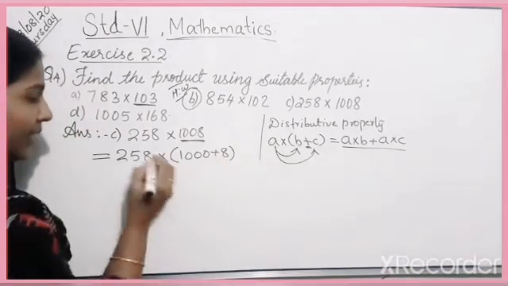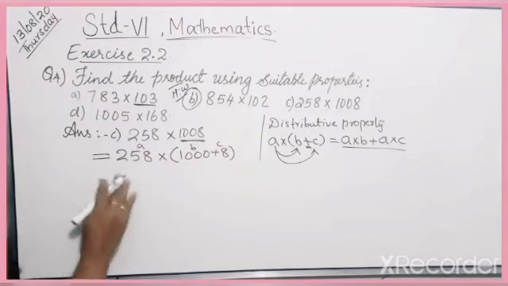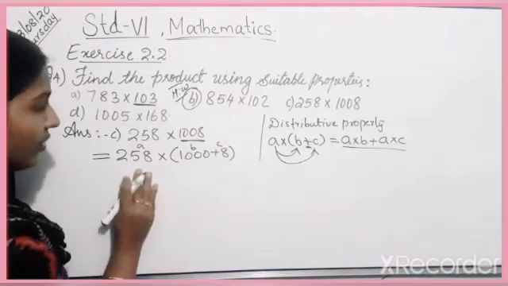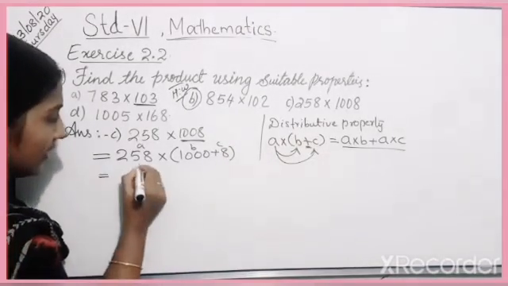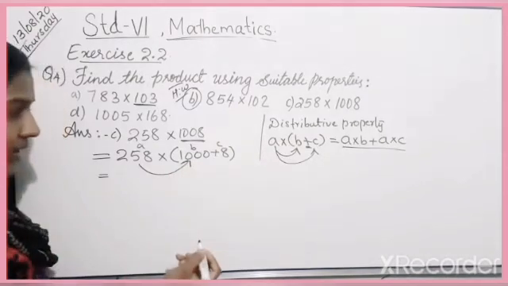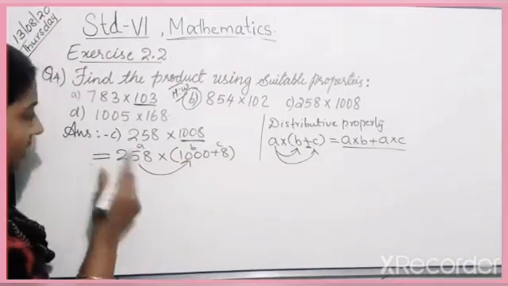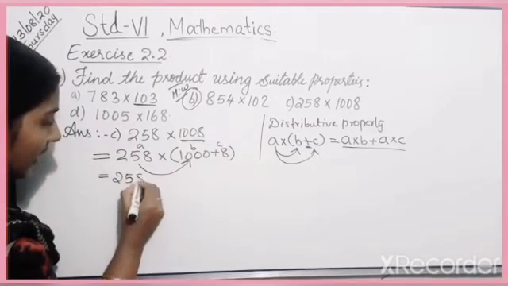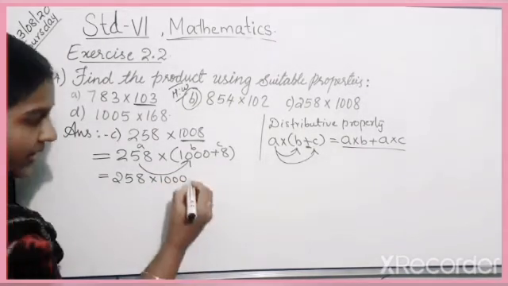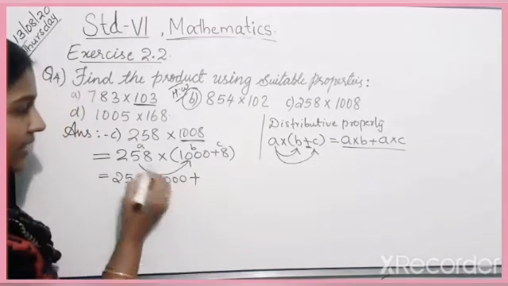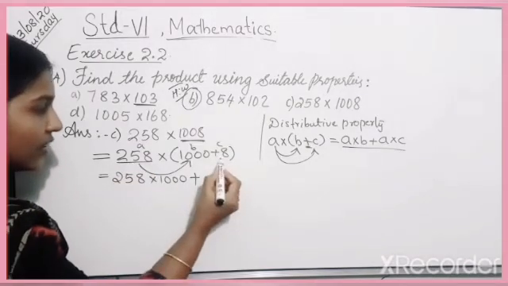So, now this number is in A into B plus C form. So, you can apply the distributive property here. So, what is that? This number into the first number inside the bracket, that is A into B. Okay, so 258 into 1000. Alright, plus the next step is A into C, that means 258 into 8.